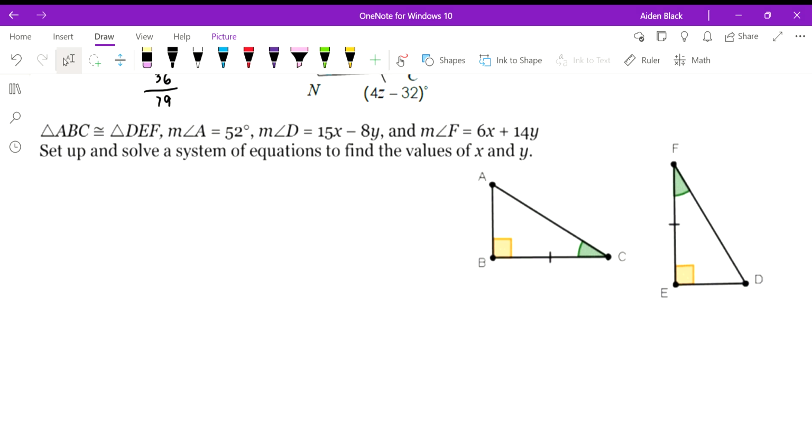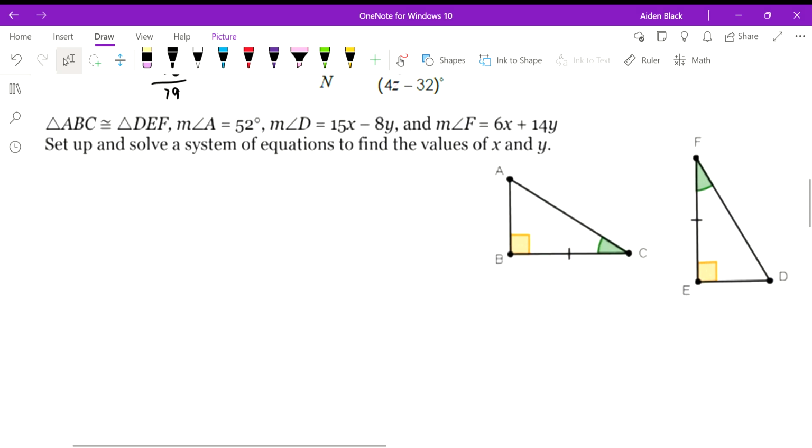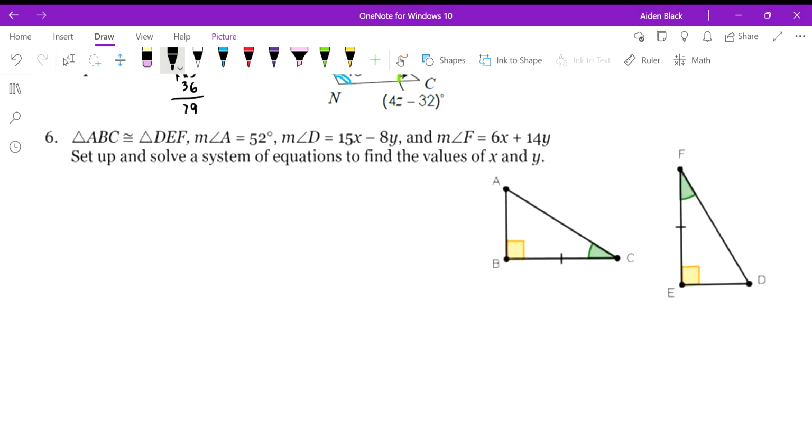Let's see. I think I have just enough time to do this question. Okay, measure of angle A. Good practice here is to just write these in if you have the space. This is 52. Angle D is 15x minus 8y. F is 6x plus 14y.